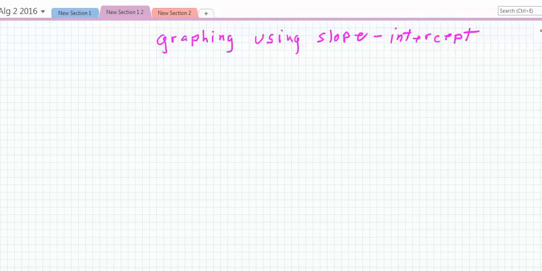All right, we're going to be graphing using what is called slope-intercept.